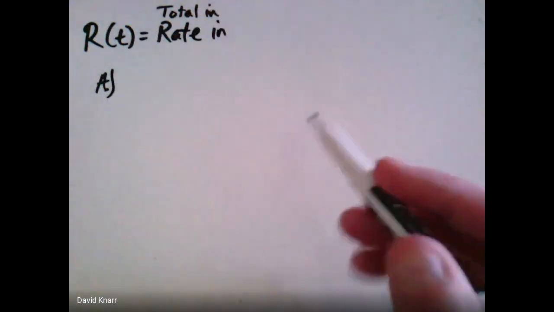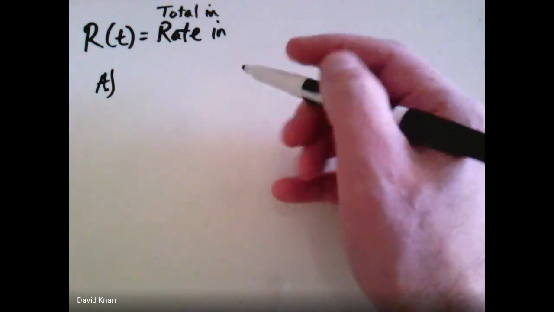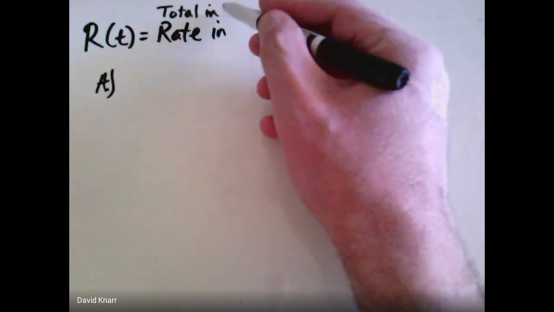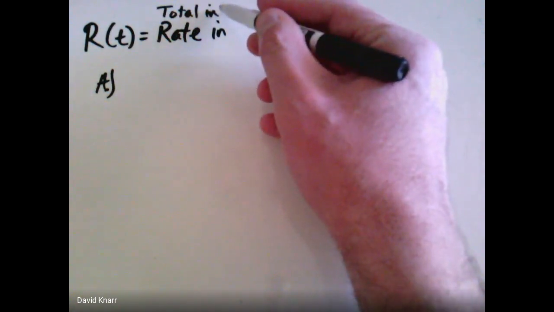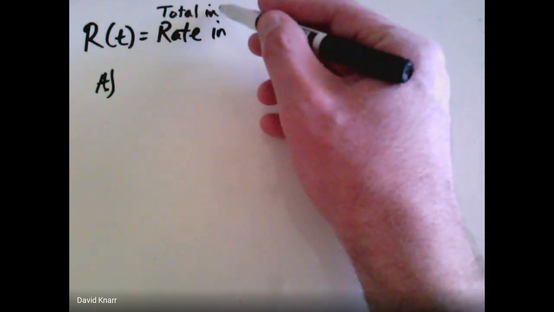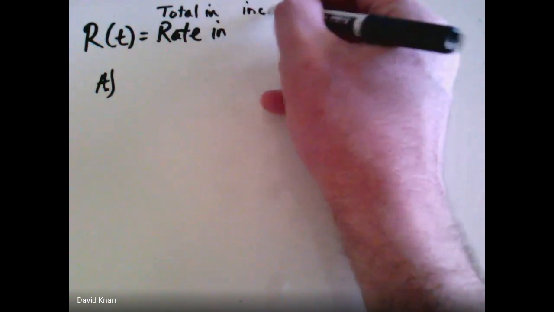Question A says, show that the number of mosquitoes is increasing at time t equals 6. The number of mosquitoes is the equation up here. This is how you'd find the number of mosquitoes. I want you to tell me that this equation is increasing.